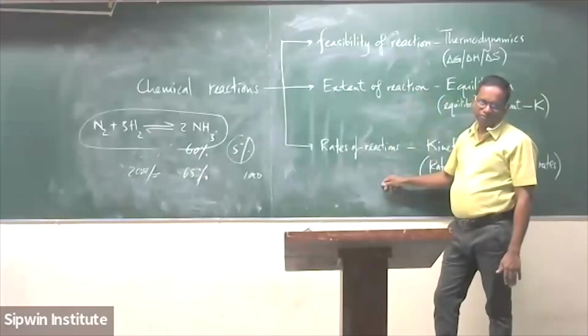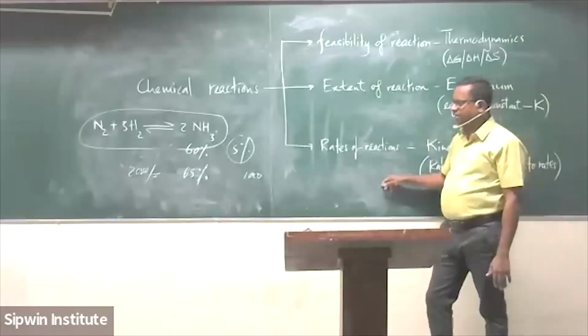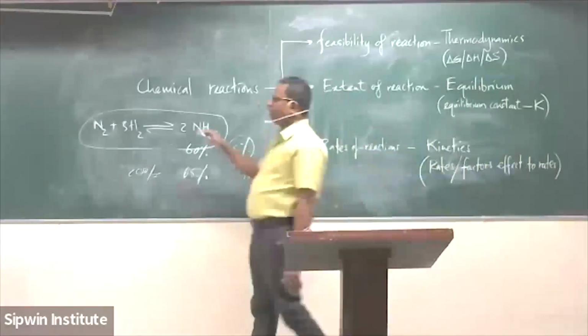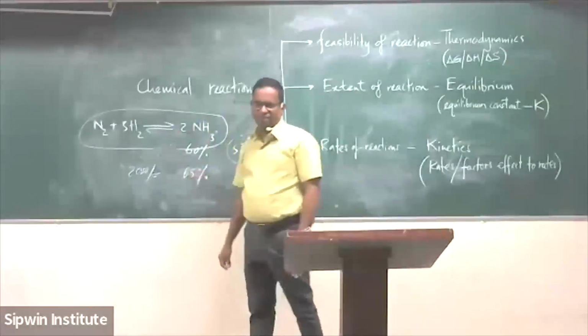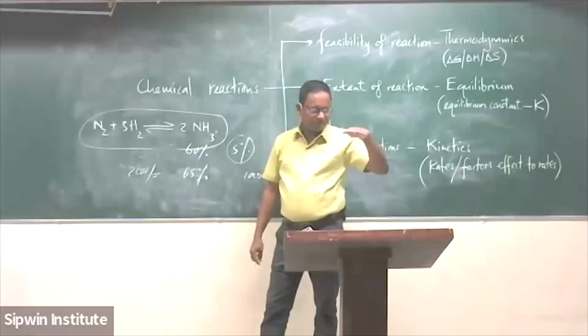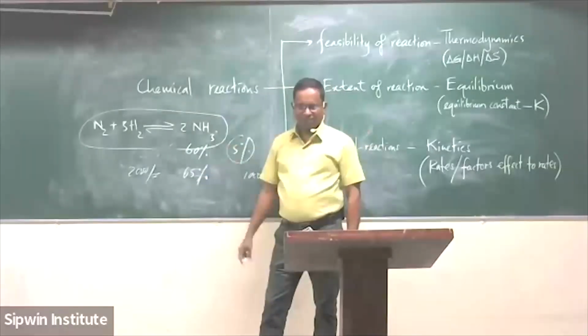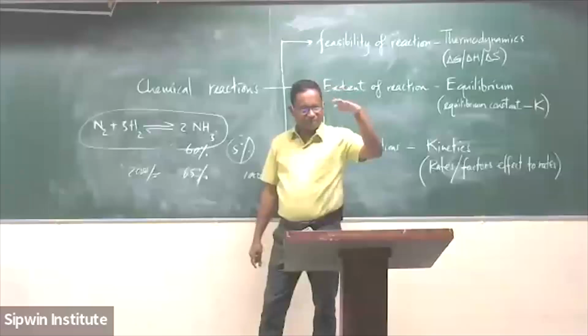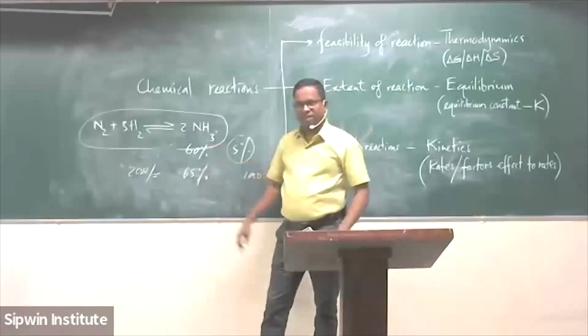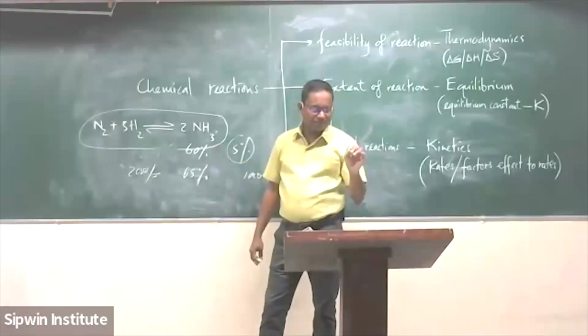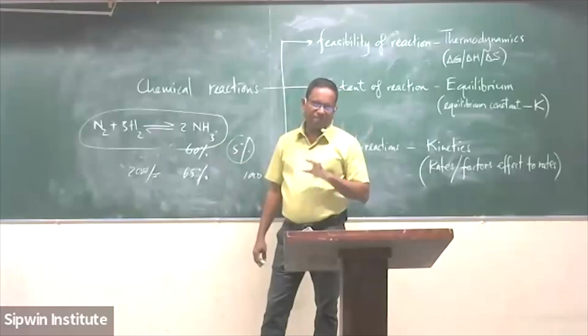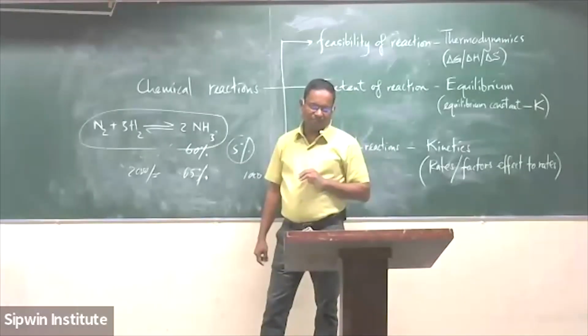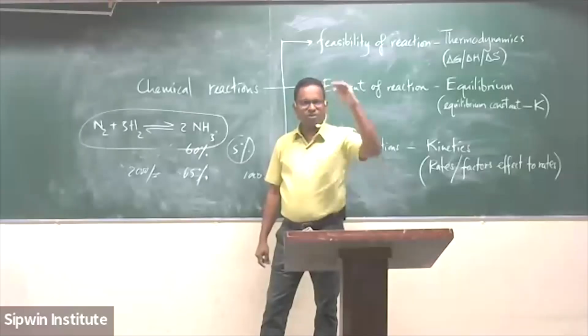In some cases, in doing the process, low temperature is favored. If low temperature is used there, more product is possible. But the rate of the reaction is slow. It takes more time, because when you are increasing the temperature, rate increases.